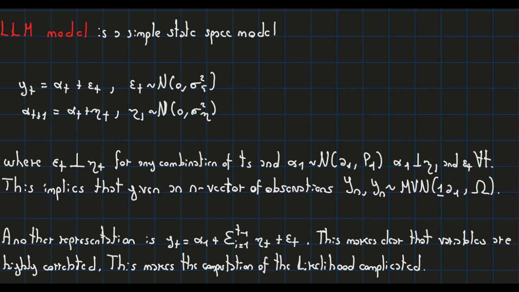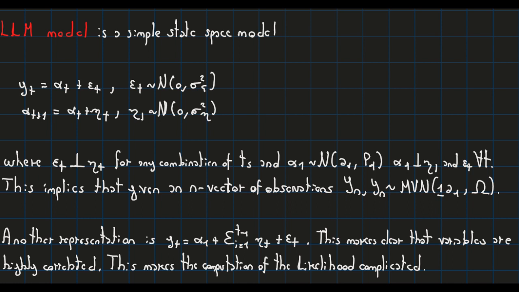I won't include in this video details about omega, but you can find details in the book. This distribution implies that, given a time series, we could potentially estimate the parameters sigma eta and sigma epsilon through classical statistical inference.